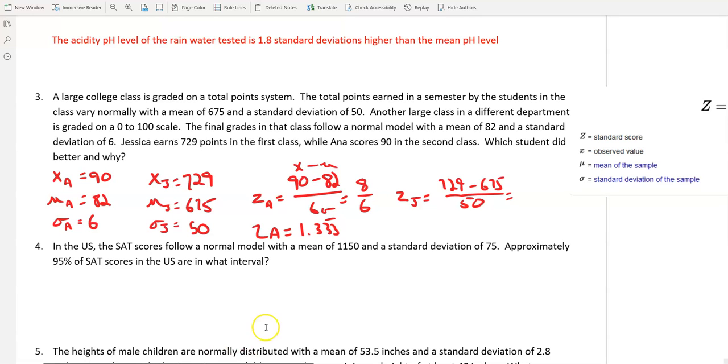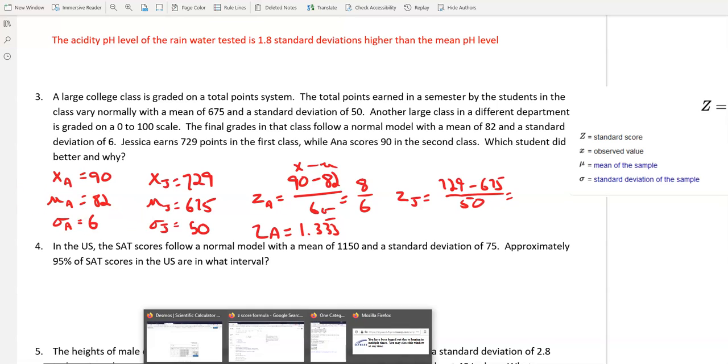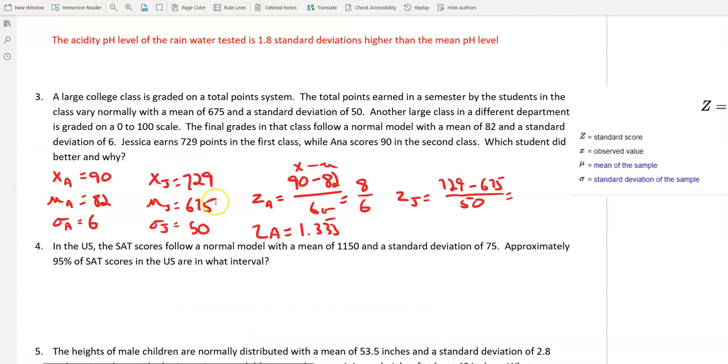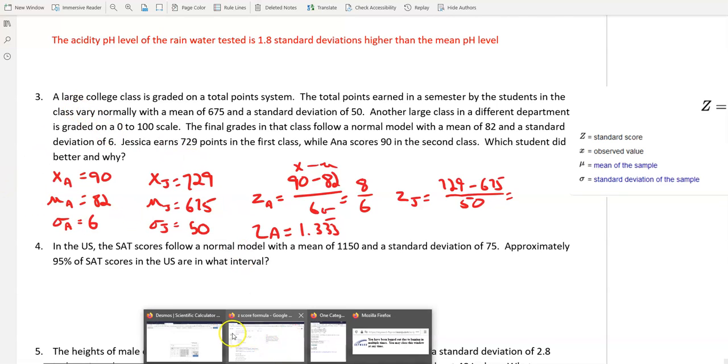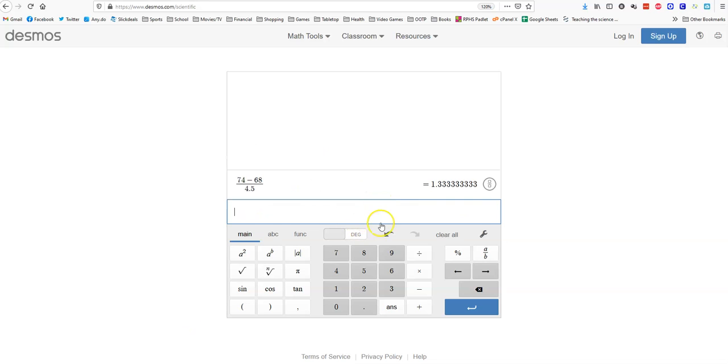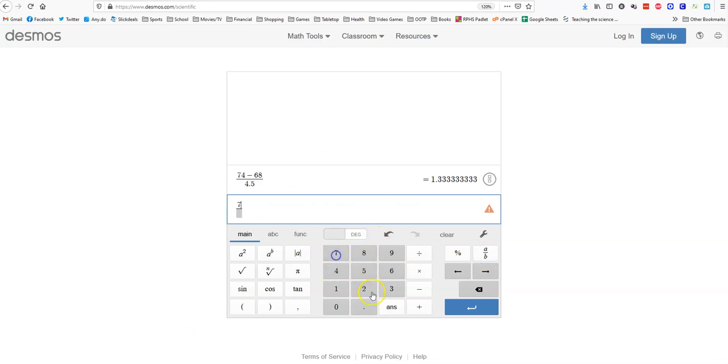And we're going to need a calculator for that one. 729 minus 675 over 50. And that is 1.08 is what I got. 1.08.